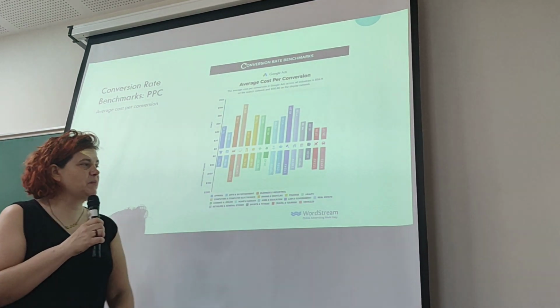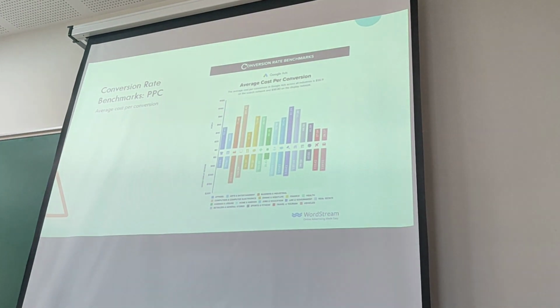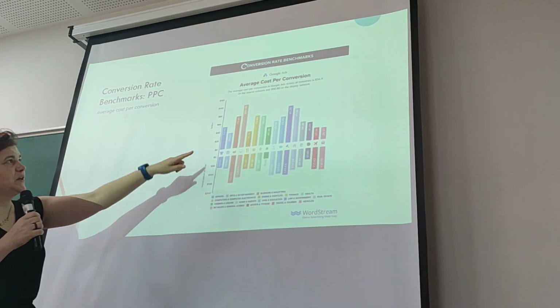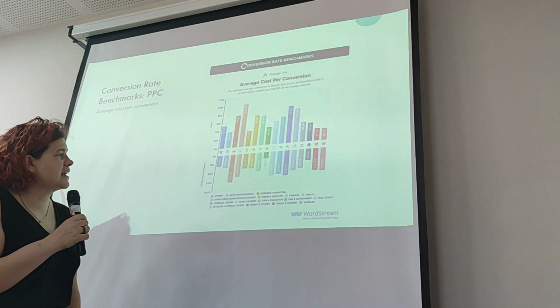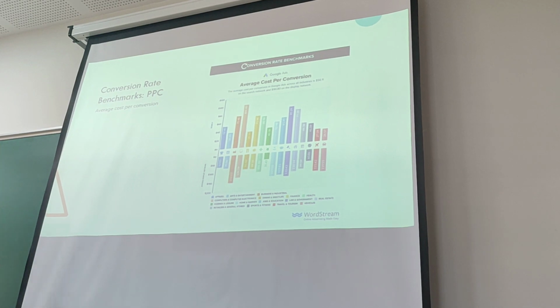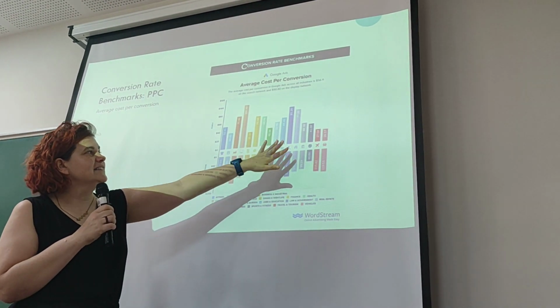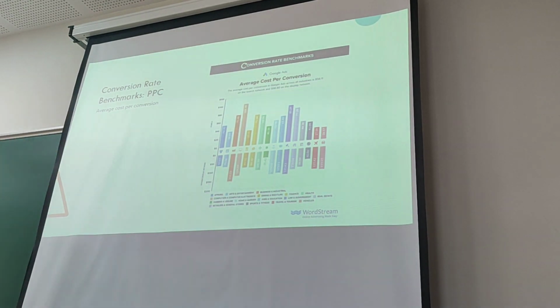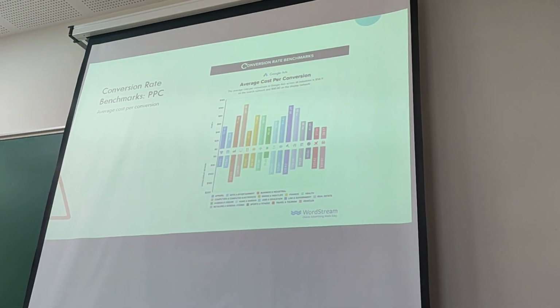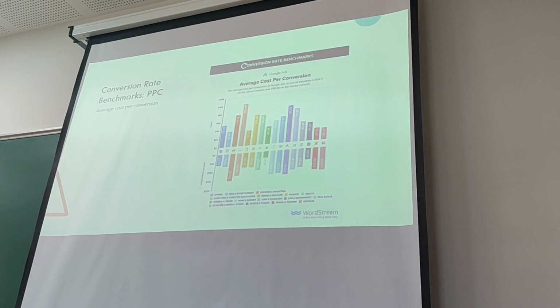And yet their cost per conversion is the lowest. The highest cost per conversion is computer electronics. The other high one, interestingly, is law and government. So these two things, they don't correlate.